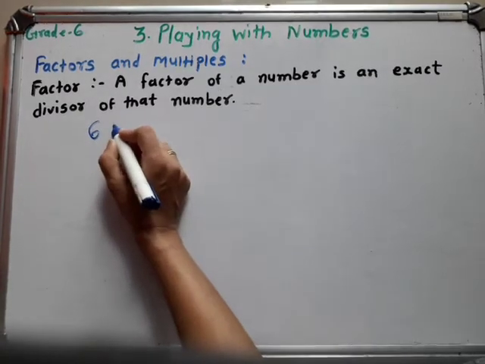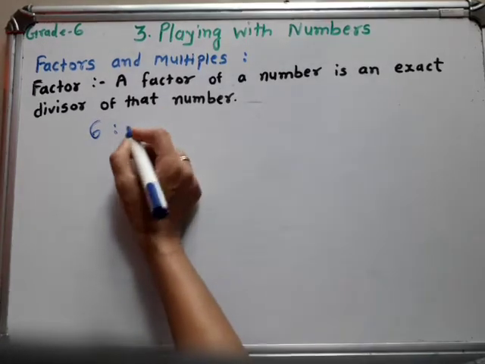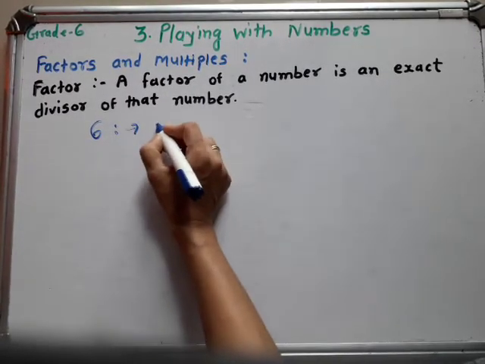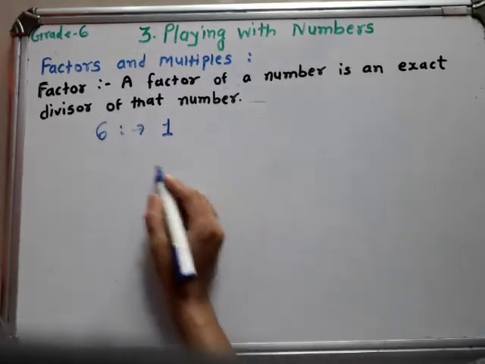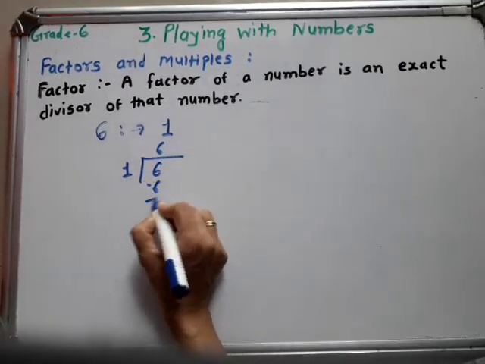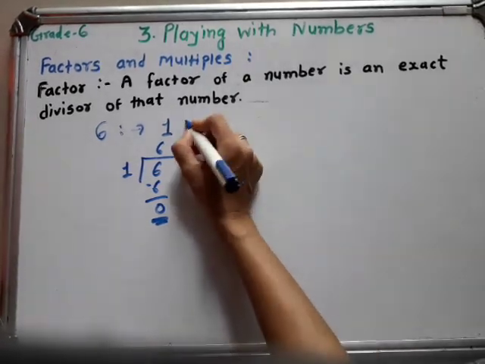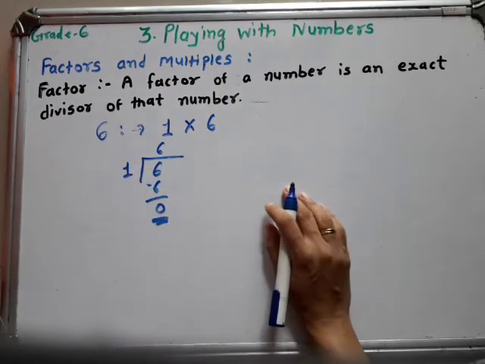Suppose we find the factors of 6, so we start from 1. We take the table of 1, so we divide this number by 1. 1 6s are 6, so here we get remainder 0. So 1 is a factor of 6.